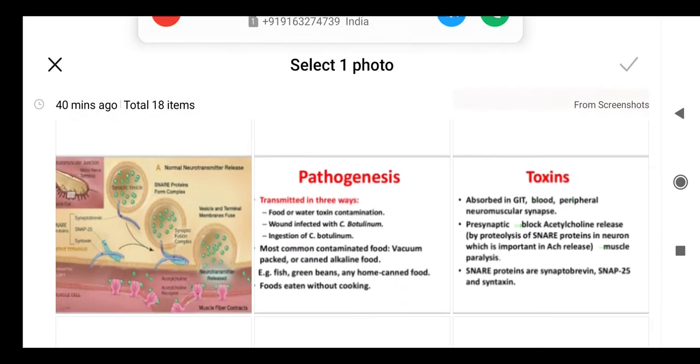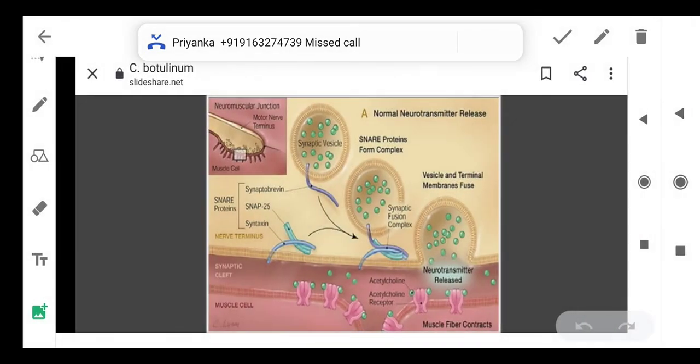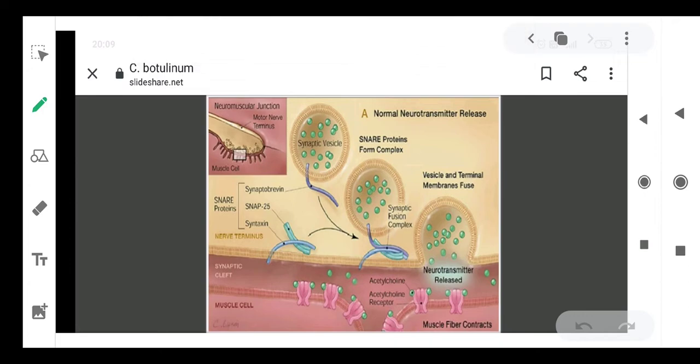Now we will move on to the pathogenesis. For normal nerve transmission, we need the synapse and acetylcholine to be passed on. In the neuron, you have synaptic vesicles loaded with the neurotransmitter, and they have a snare protein called synaptobrevin.